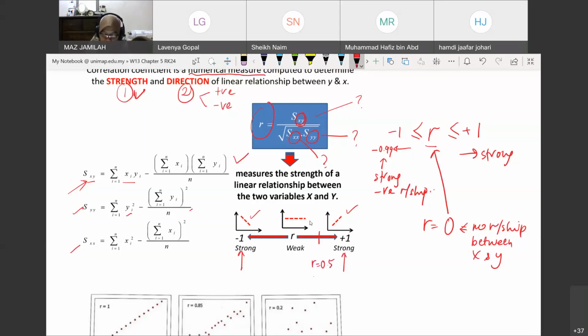You can say a moderately strong relationship, depending on your interpretation. But if you got positive one, it will be a strong positive relationship. If you have negative one, it will be a strong negative relationship. If it is approaching 0, it is a weak relationship.